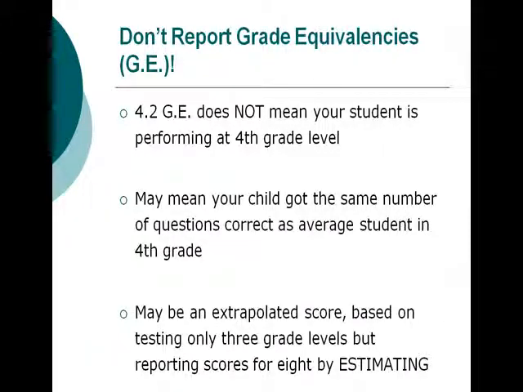What that means is test developers might test only 3 grade levels, maybe only 3rd, 4th, and 5th. And then they extrapolate up and down what the score would be for 1st and 2nd and 7th and 8th. So it's an estimated score. So grade equivalencies don't mean that a student is performing at that grade. It just means they got the same number correct, or they got the same extrapolated score, whatever would be the case.